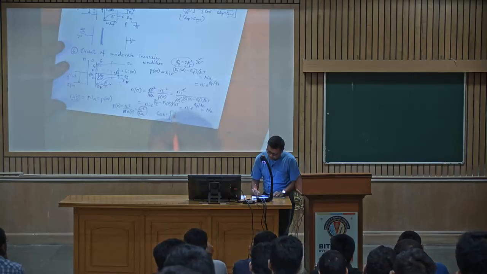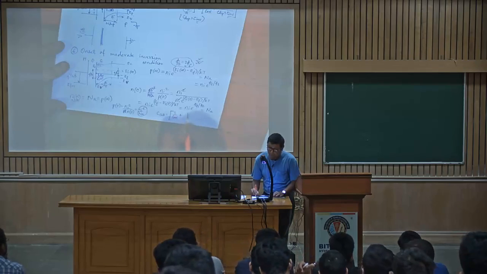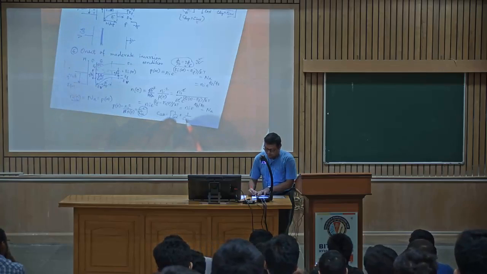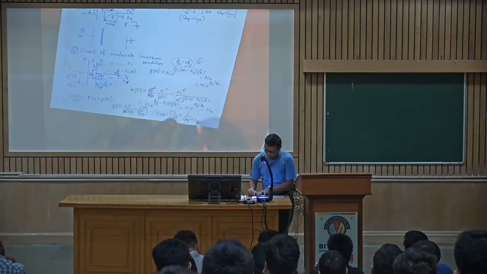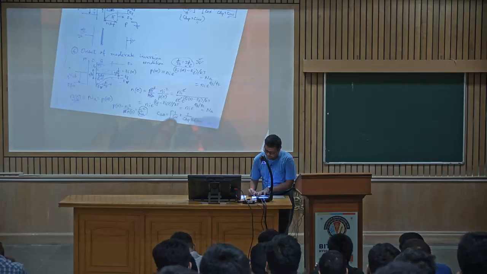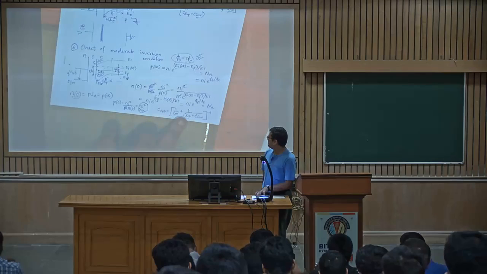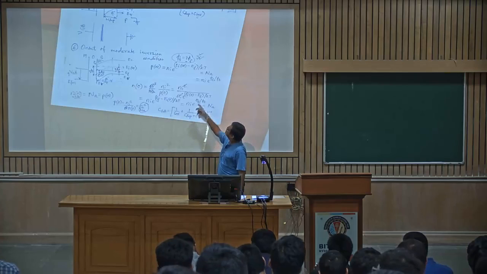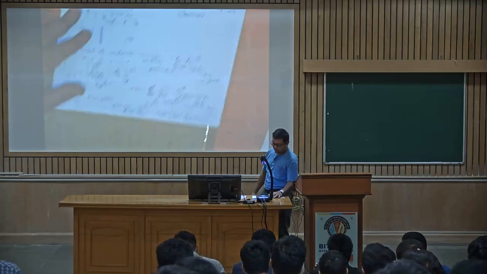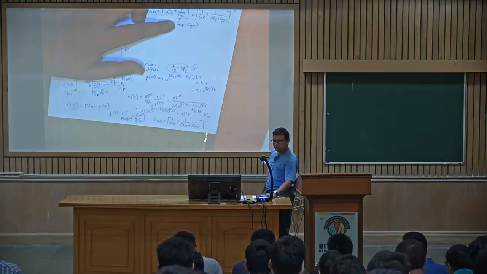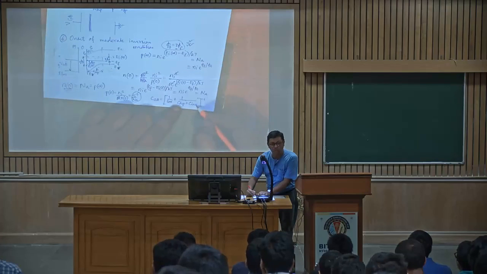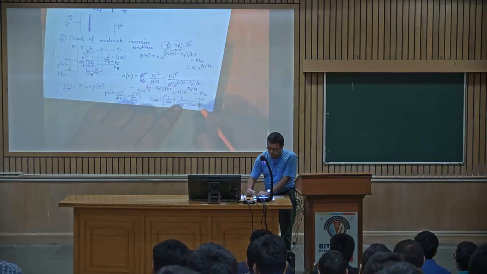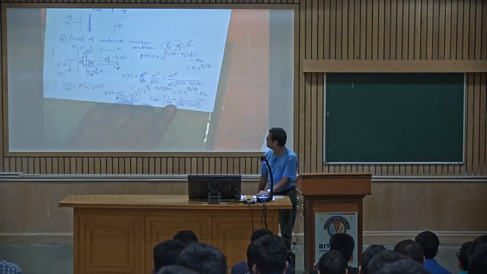Again the same thing: 1 by Cox plus 1 by C-dep part, and this is C inversion, fold inverse. The C-dep part, remember, is the same as the previous case. Now C inversion will be much higher compared to C-dep, so you can neglect this.